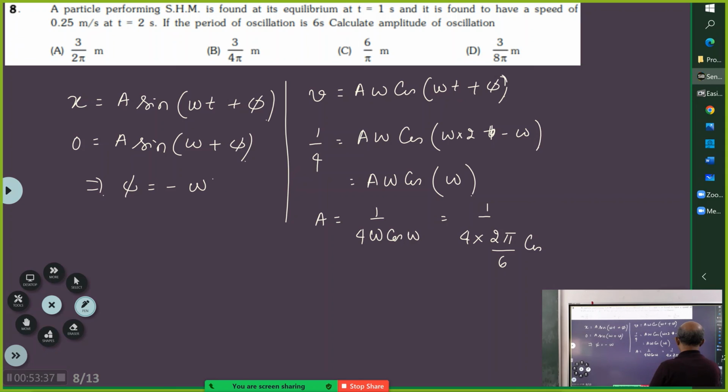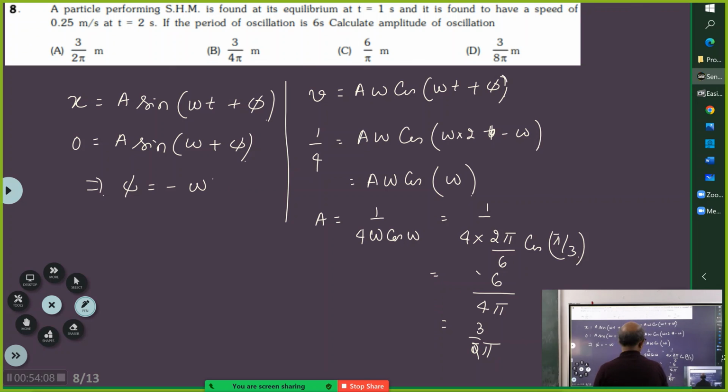Now 2 pi by 6 gives you pi by 3, and cos of pi by 3 is half. So 6 comes in the numerator, the half cancels with a 2, and you get 3 by 2 pi meters.